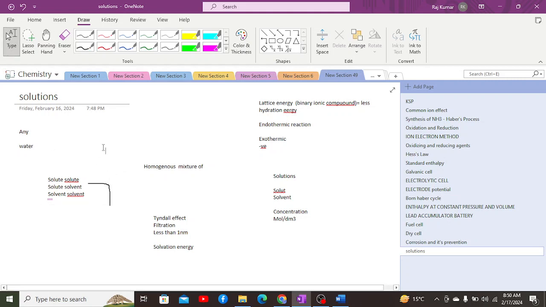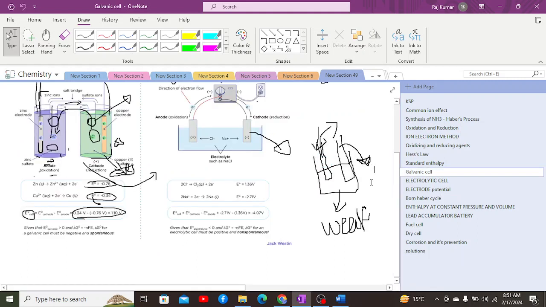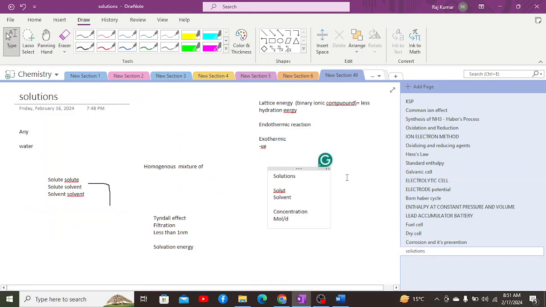One more thing, there are nine types of solutions, which are known as: solid-solid, solid-liquid, solid-gas.